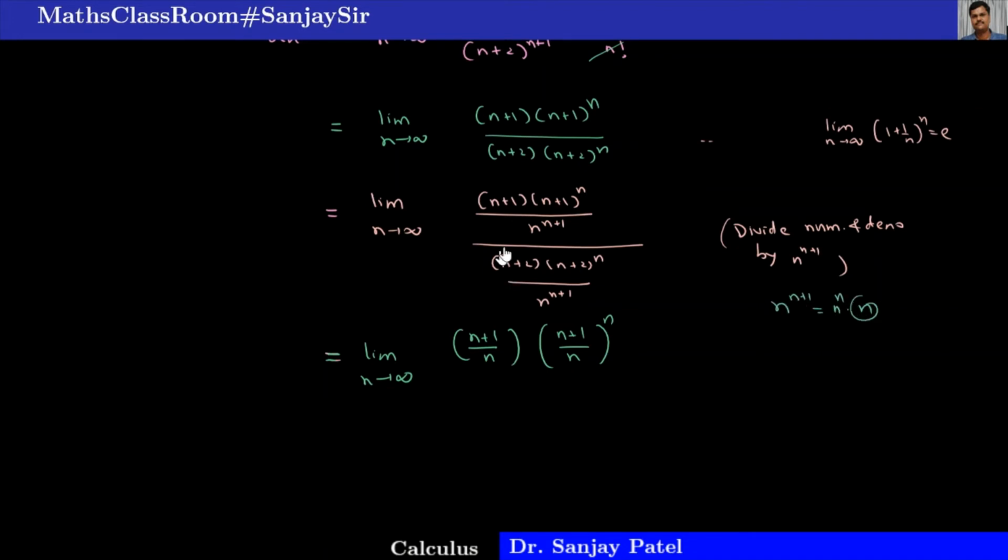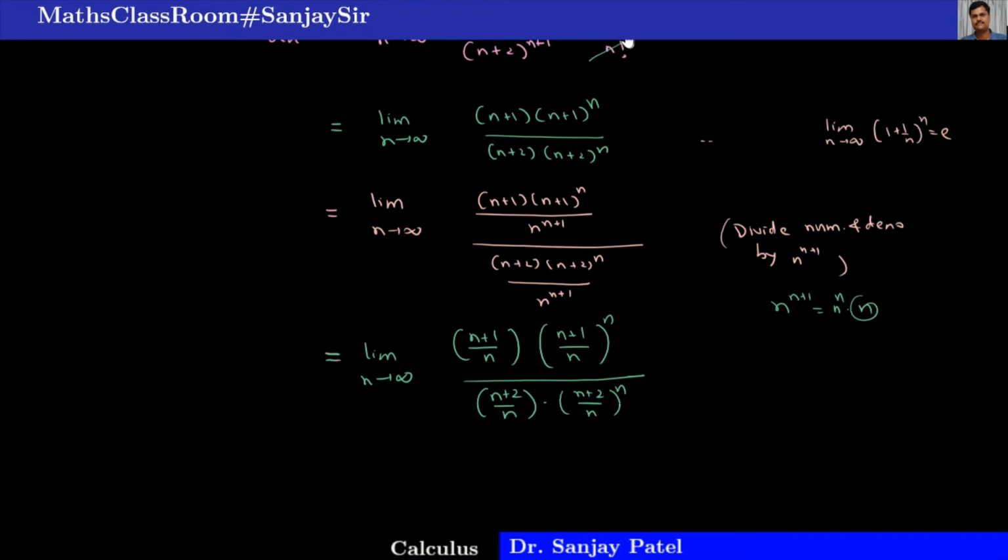This n we are giving to the first bracket, and the remaining n raised to n we are giving to the second bracket, that is (n+1) raised to n. The same way we can do in the denominator also. This is n raised to n plus 1. So n will divide here and write it as (n+2) upon n. It is simple multiplication properties. So (n+2) upon n raised to n will be there. Okay, so everything remains as it is.